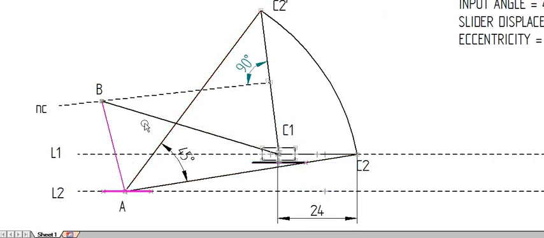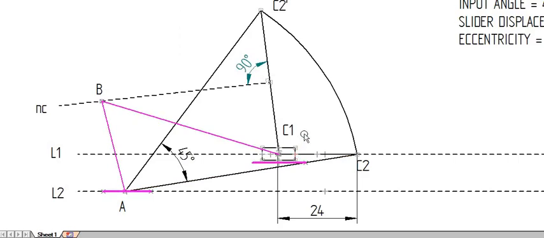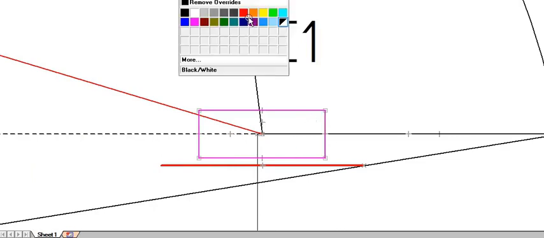So the required mechanism will be this one, which I am showing in red. And then the slider I am showing with another color so you can recognize it. Let it be blue.